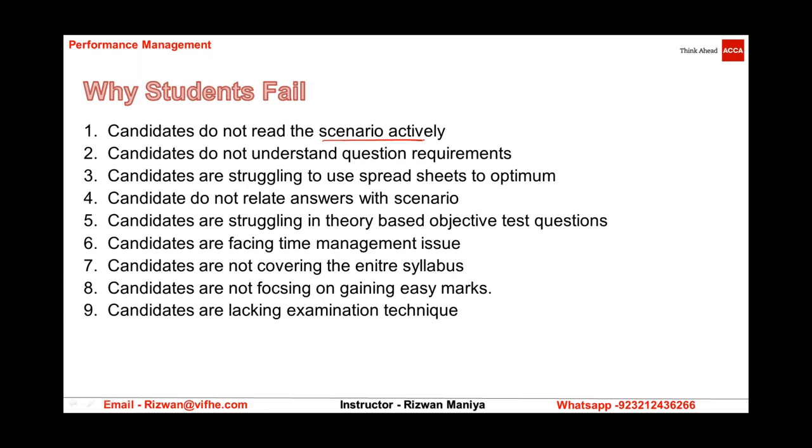This is extremely important, even for section B and section C, for both. It's really important that you read the scenario very actively. Plus, students are not at all good at understanding the question requirements. So, yes, my focus will be a lot towards ensuring that you do understand what the question actually means, what focus is mentioned in the question.